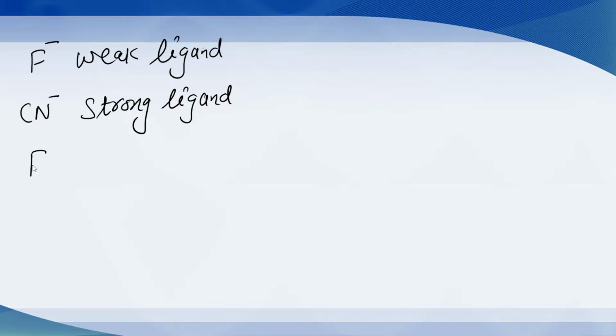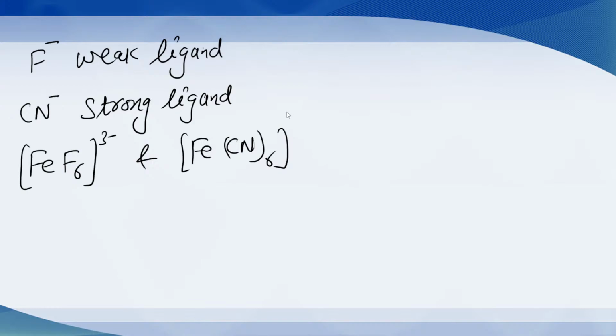So if we compare FeF6 3 negative and Fe(CN)6 3 negative, in both the cases, what is the oxidation number of iron? Plus 3.